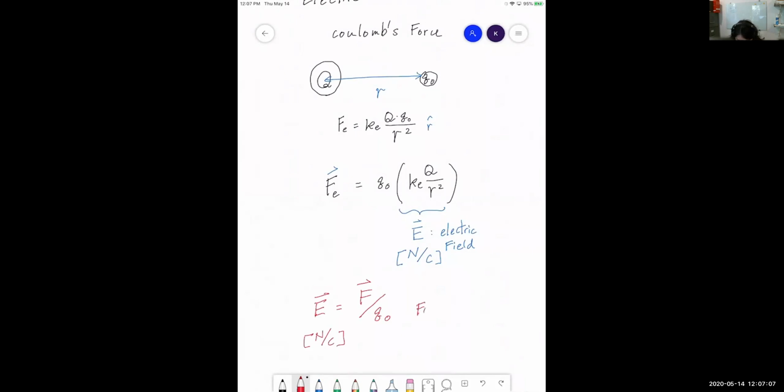It's force per unit charge. That is the electric field.